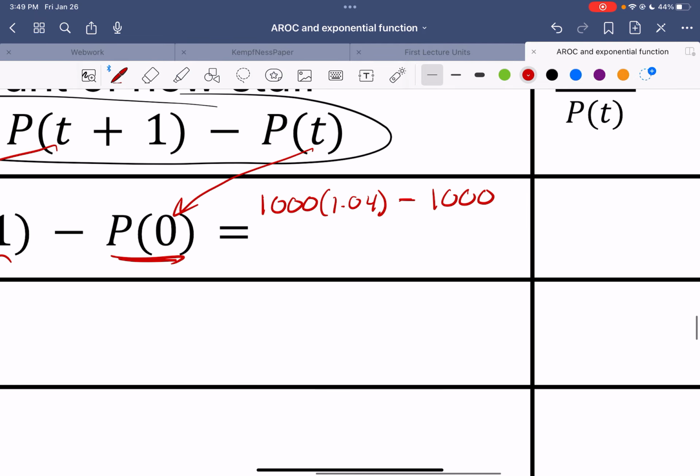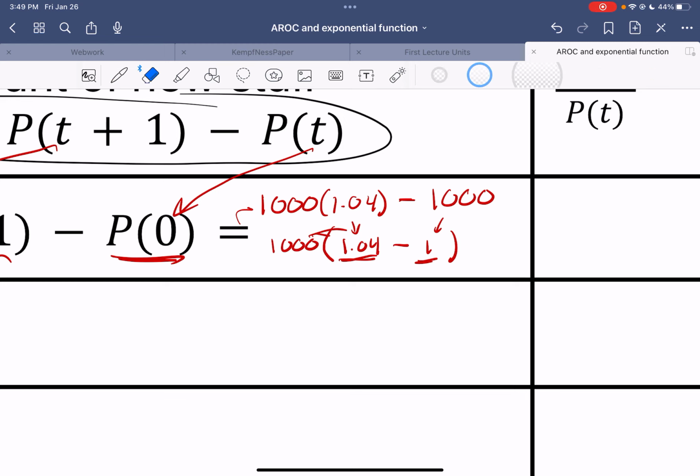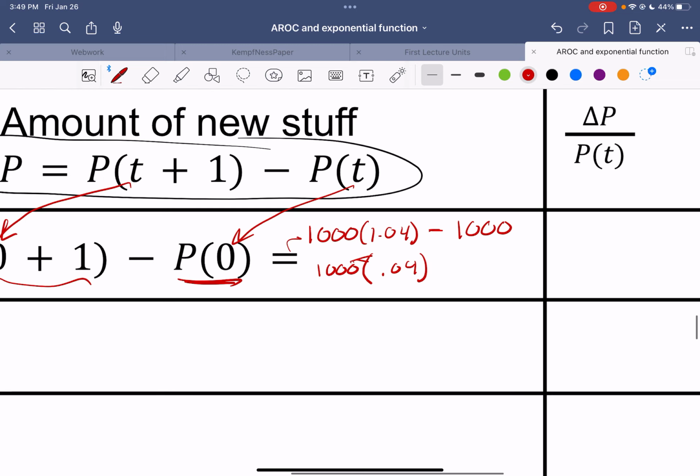And if you take their difference, well, it sort of works out nicer if you factor out the 1,000. Here I have 1.04 minus, and then here I have 1. Right? Because I factor out the 1,000. If I distributed this back, I'd get back up here. And wait a second, 1.04 minus 1, that's just 1. Or no, that's just 0.04. Okay.